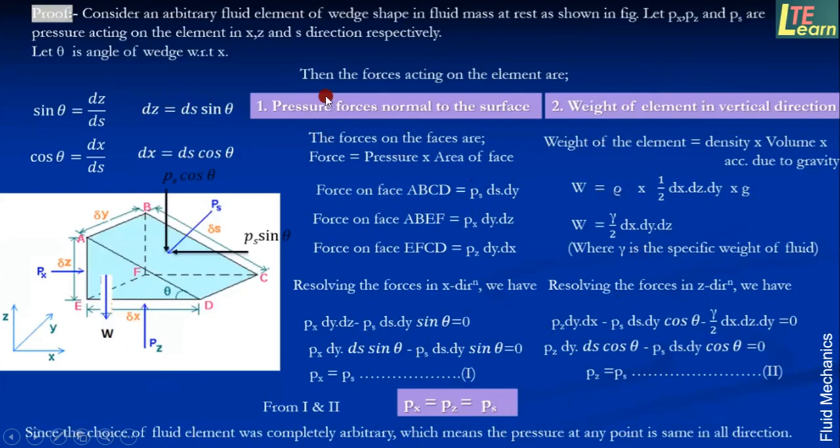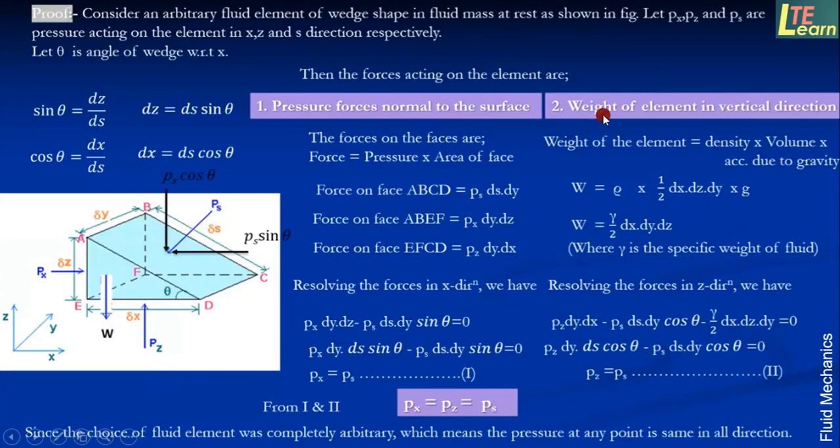Now here the forces acting on the element are of two types. First, pressure forces, which are normal to the surface. So the forces in the x direction, meaning all the horizontal forces, will be pressure forces.